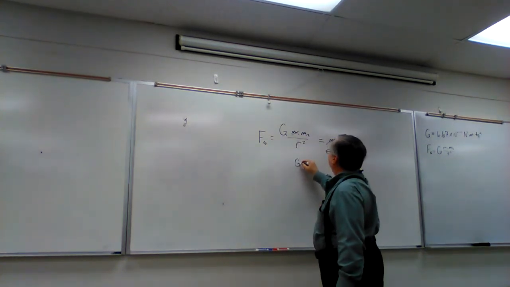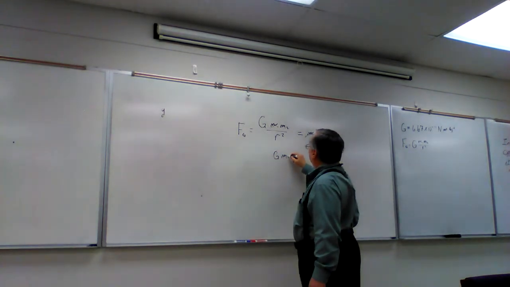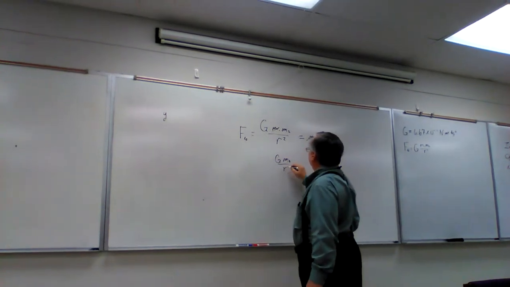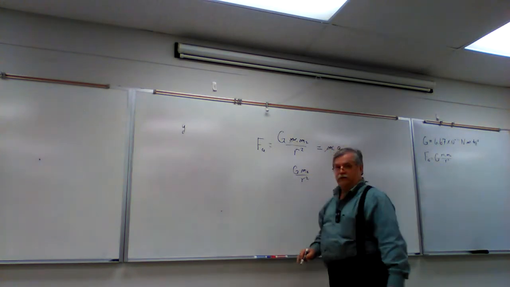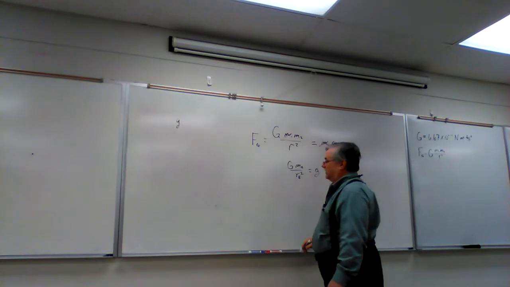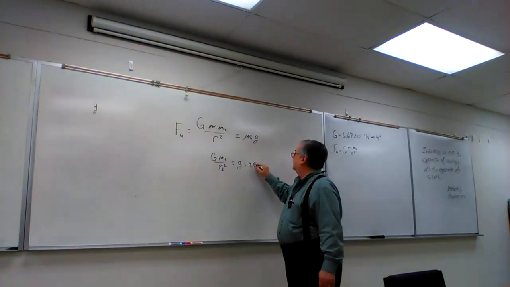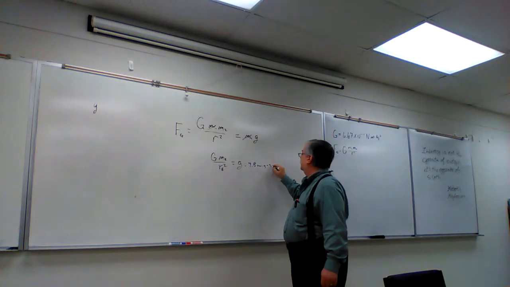We find that Newton's gravitational constant times the mass of the Earth divided by the radius of the Earth squared gives you the value of little g, or 9.8 meters per second squared.